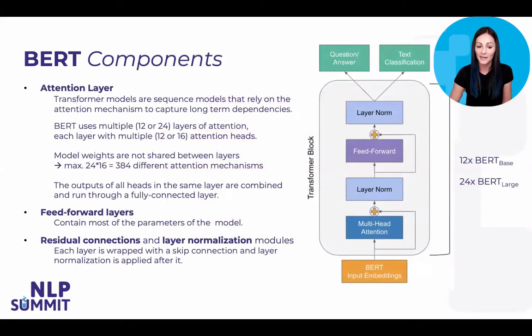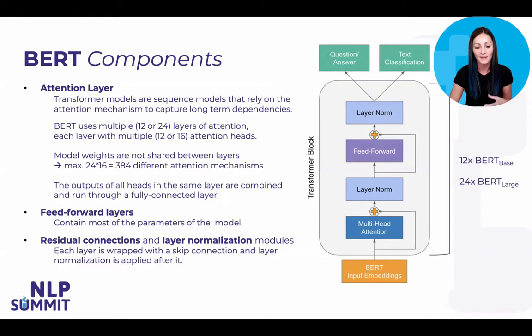Looking at the different layers now and the different components. So once we have this input embedding, this is passed into a transformer block. And depending on which model you're using, BERT base has 12 of those, BERT large has 24 of those. And really the core concept here is this attention layer. So the transformer models, with BERT as a prominent example, are sequence models.